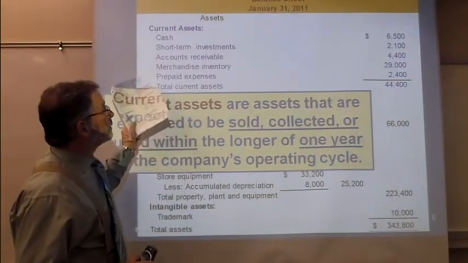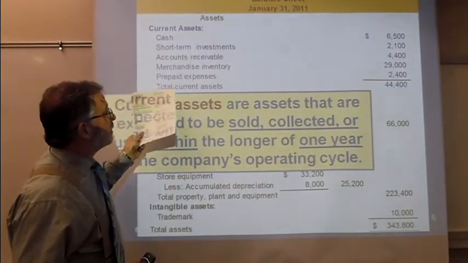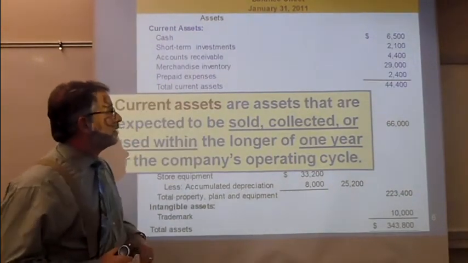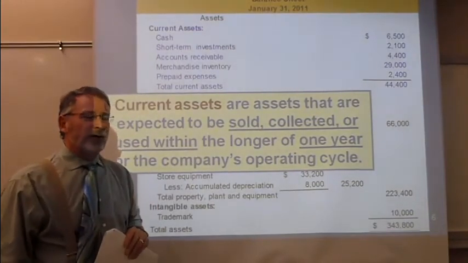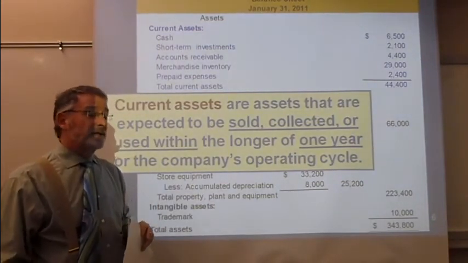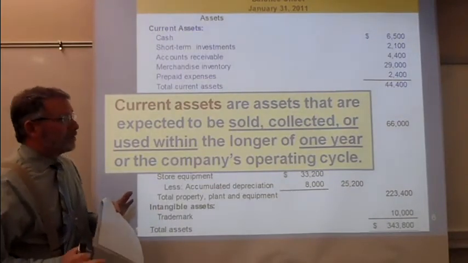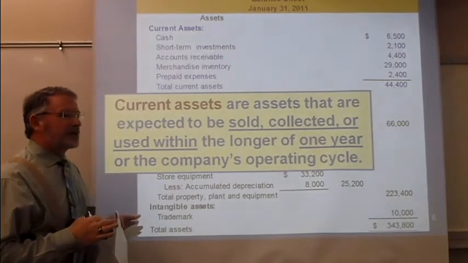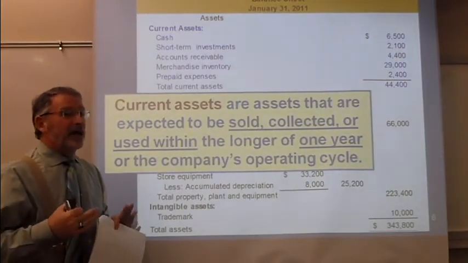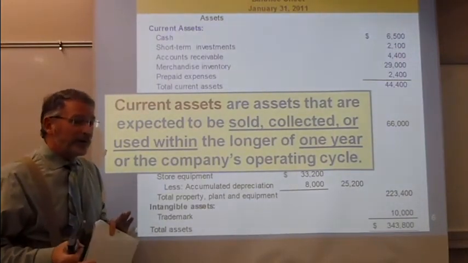When you look at this list of current assets, you'll notice cash and merchandise inventory, and you might wonder, well, they're going to be around for a long time. A business always has cash. A business always has inventory. While that's true, you have to remember that the cash we have today and the cash we have a year from now are probably not the same cash.